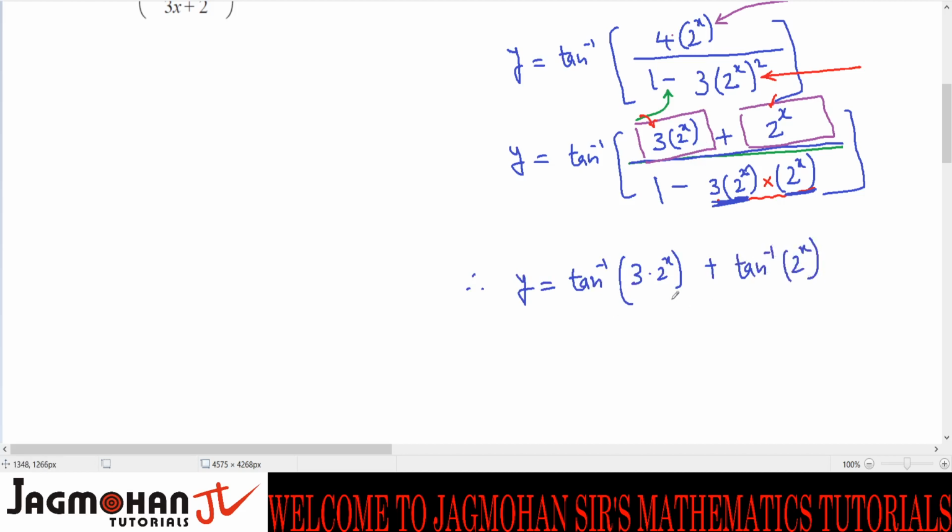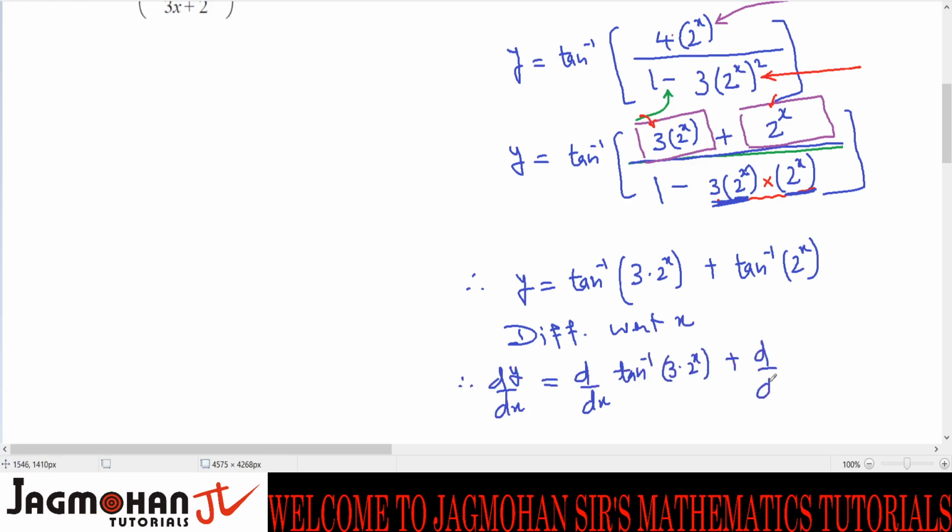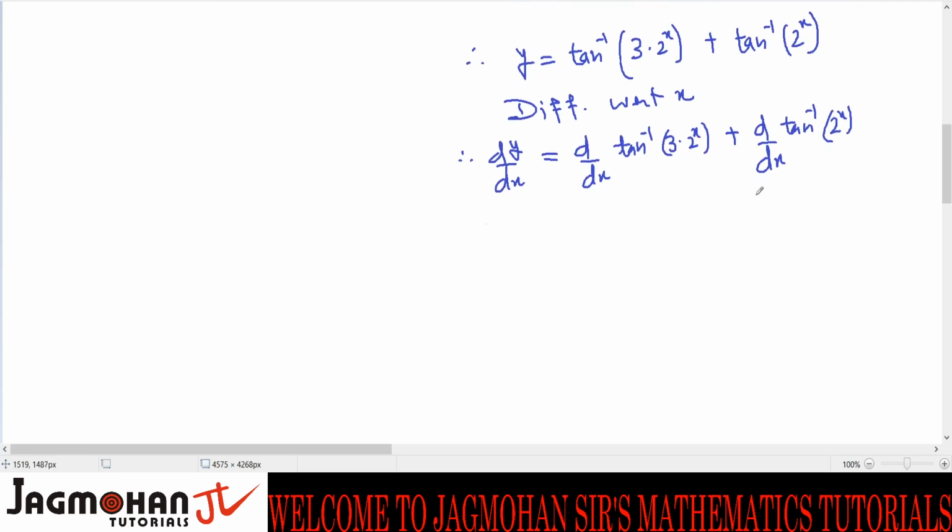Now I apply the derivative. I write, differentiating both sides with respect to x, I get therefore d by dx of y equals d by dx of tan inverse of 3 times 2 raised to x plus d by dx of tan inverse of 2 raised to x. Okay, students, so this is tan inverse of f of x.